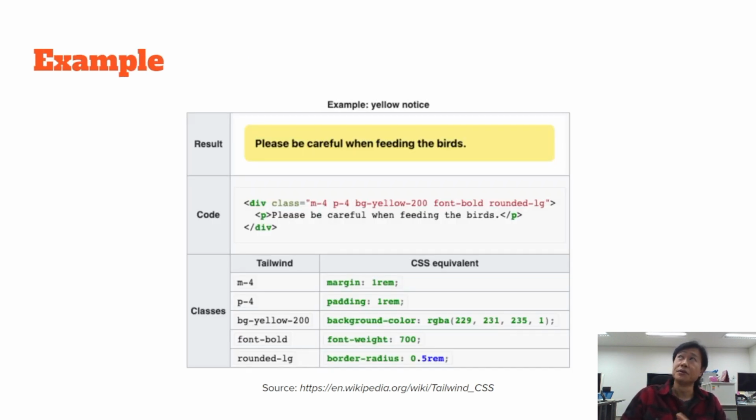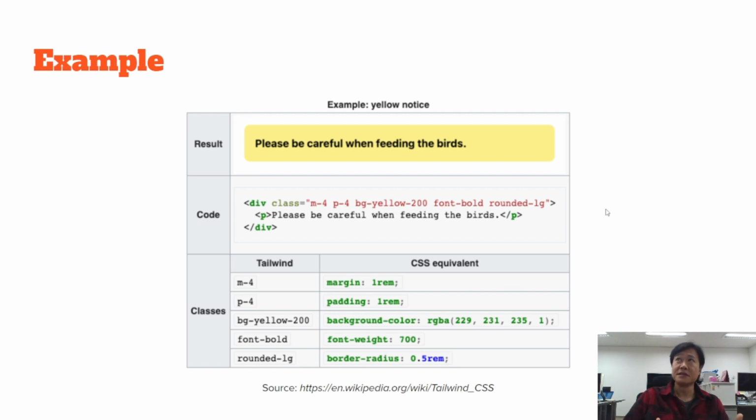So here's an example. We have this yellow box with black text within it. The yellow box has a bit of margins, the text within it is bold, and the box itself has rounded corners. What the Tailwind would look like, as you see in the code section after the class, you see some stuff, for lack of better terms, but they actually all mean something.